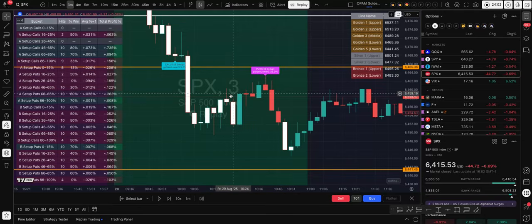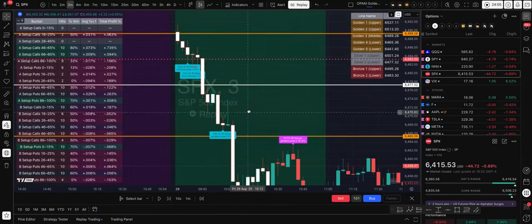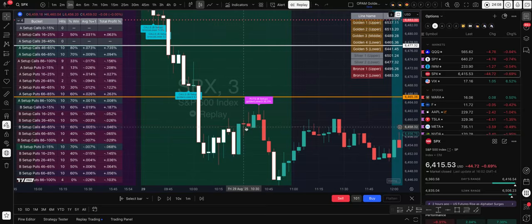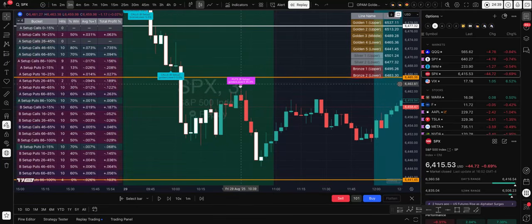Now the momentum is continuing to drop, and then there's a slight move going up, reaching towards the golden line 3. There's a sensitivity detector that we have when it is closing in on a line. It has that detected, and then the signal shows, and once someone takes that signal, the entry from here for puts, you can continue to short it.